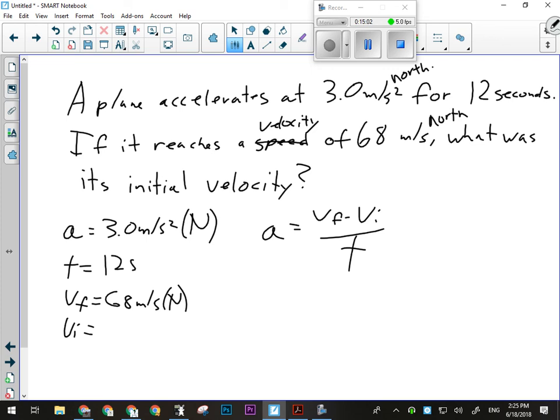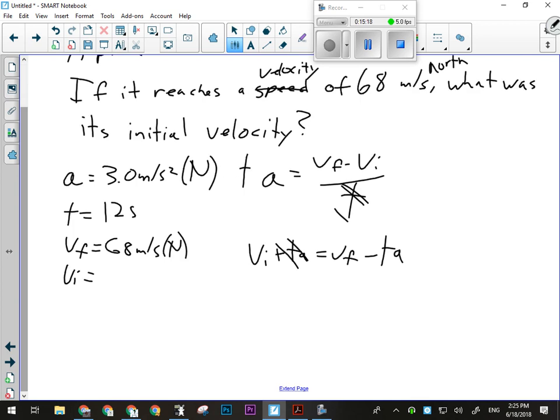So the first thing I'm going to do is multiply both sides by t, and then I'm going to add vi to both sides. So I'm going to have vi plus t times a equals vf. I'm looking for vi, so now I'm going to subtract t times a over to the other side and solve for vi. So vi will equal 68 minus 12 times 3.